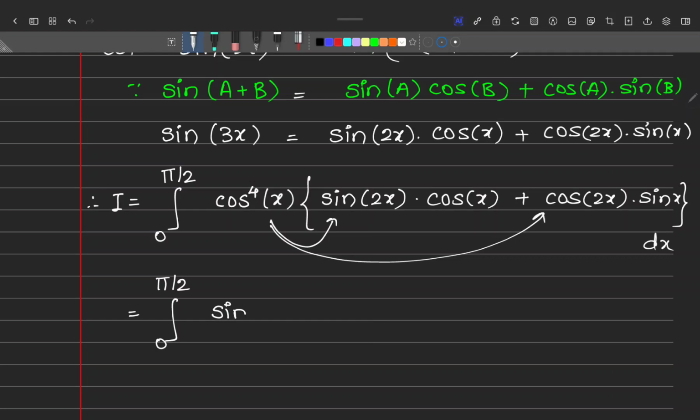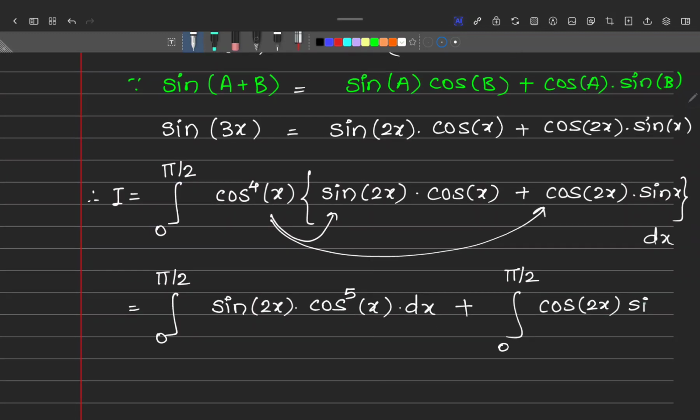We take this sine 2x here, and this will be cos raised to 5x dx. Then plus integration from 0 to pi by 2, we take this cos 2x multiplied by sine x followed by cos raised to 4x dx.